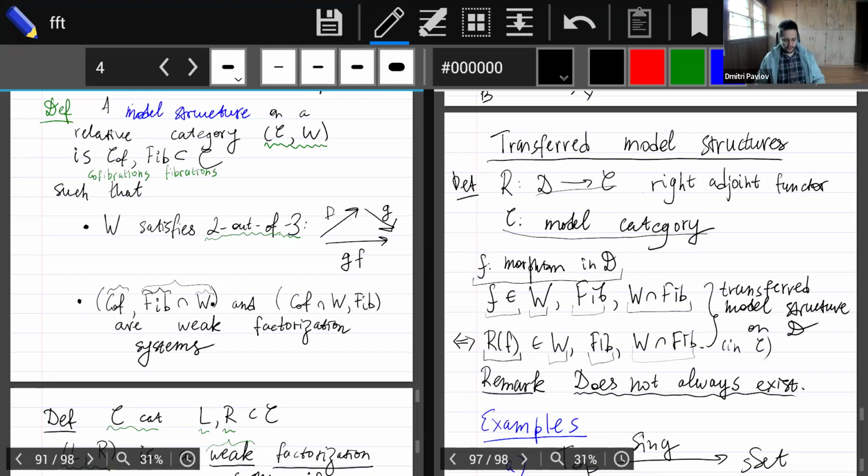So in any model category, if you know fibrations and weak equivalences, you also know cofibrations. Likewise, if you know cofibrations and weak equivalences, you also know fibrations. So knowing weak equivalences and one more class of maps determines the entire model structure.